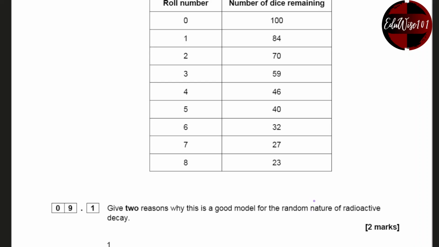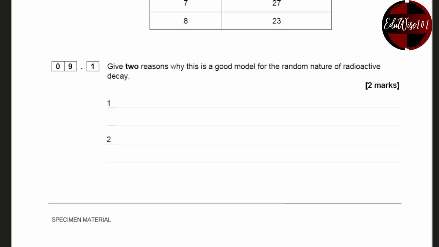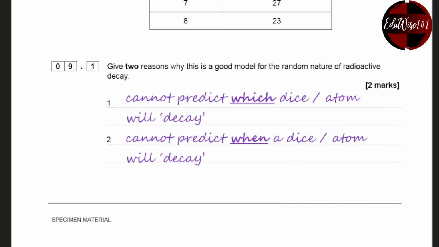Well, you can't predict which die is going to land on 6, which means that is a totally random event. You cannot predict which die or atom will decay, and you cannot predict when a die or an atom will decay.